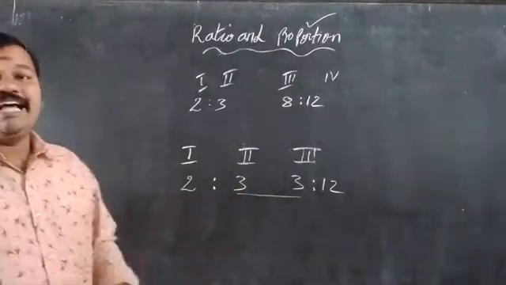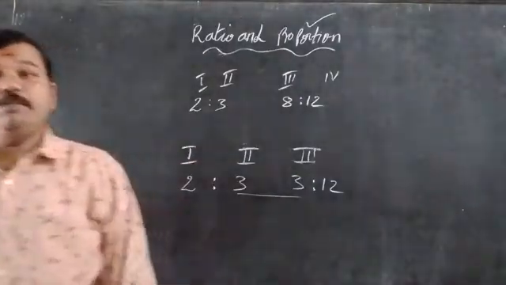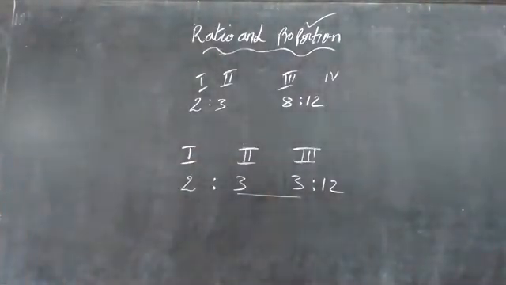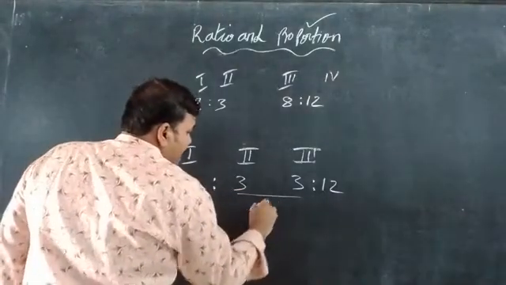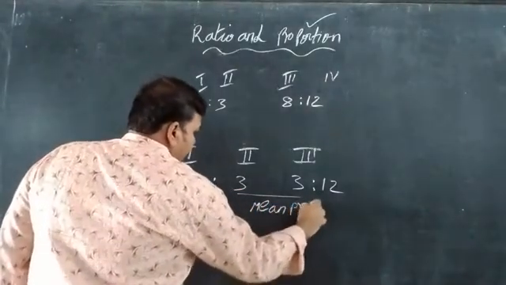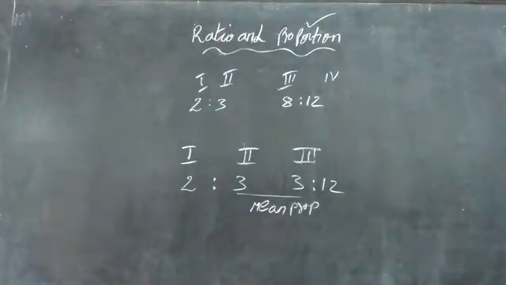Then we call it first proportion, second proportion, third proportion, and the middle one is called mean proportion. When the middle two are the same, we call it mean proportion.